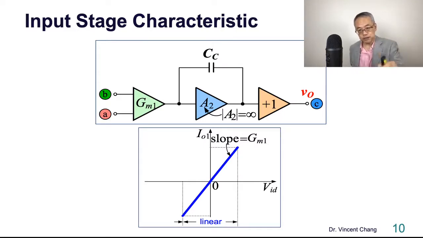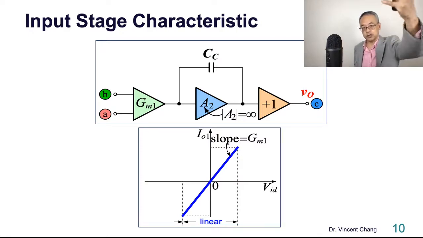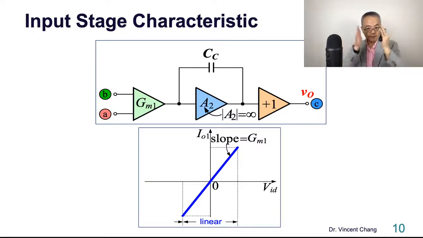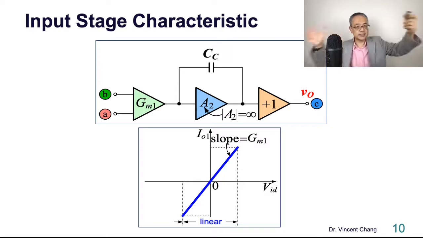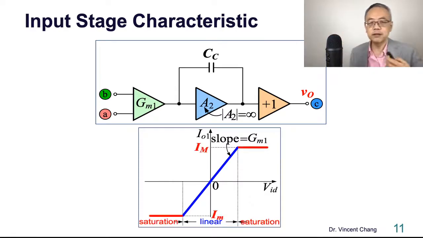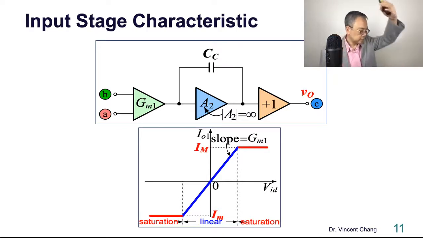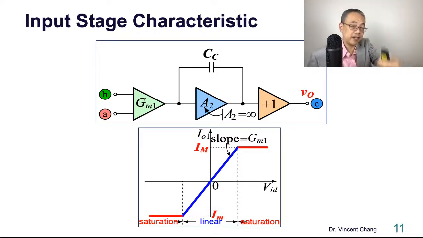Similar to the concept I introduced in the previous lecture, this one also has a linear region in the middle and saturation on both sides. When it enters into the saturation region, it becomes natural, right?